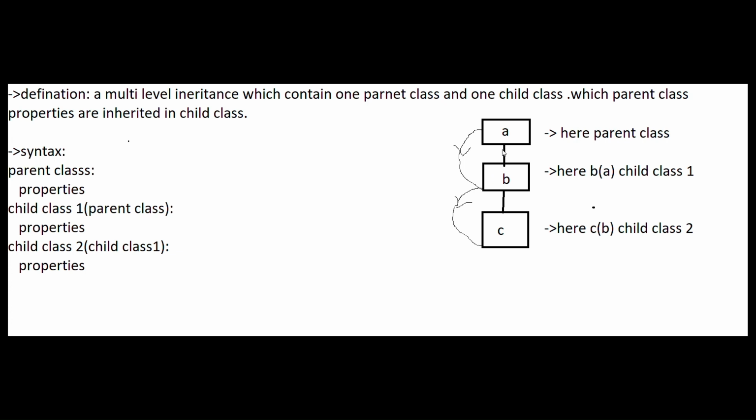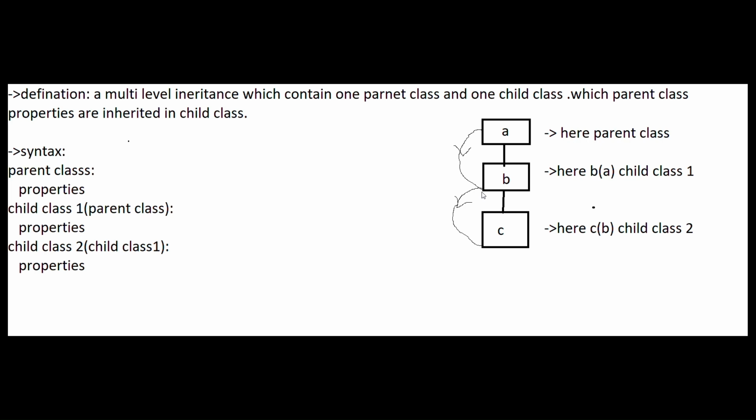Up to here, the inheritance is done between one parent class and one child class. The second inheritance is between child class 1 and child class 2. In child class 2, the properties of both the parent class and child class 1 exist.